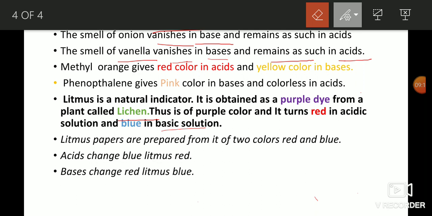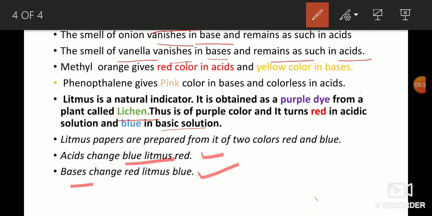These litmus papers are then used to check whether a solution is acid or base. When we test a solution by blue litmus paper, and if blue litmus paper changes into red, then it is acid, and if the red litmus paper changes into blue, then it is base.